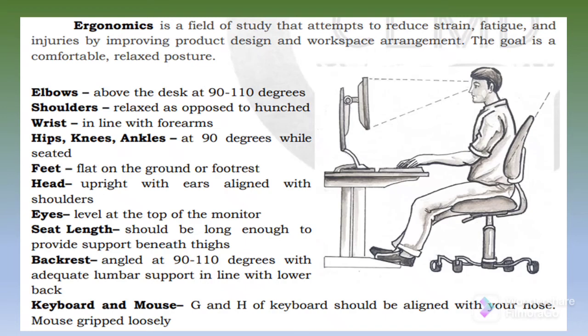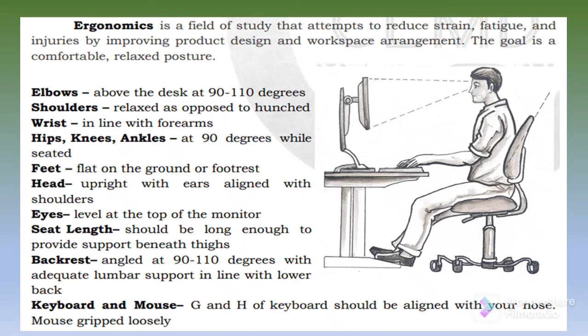Hips, knees, and ankles at 90 degrees while seated. The feet flat on the ground or footrest. Head upright with ears aligned with shoulders. Eyes level at the top of the computer.